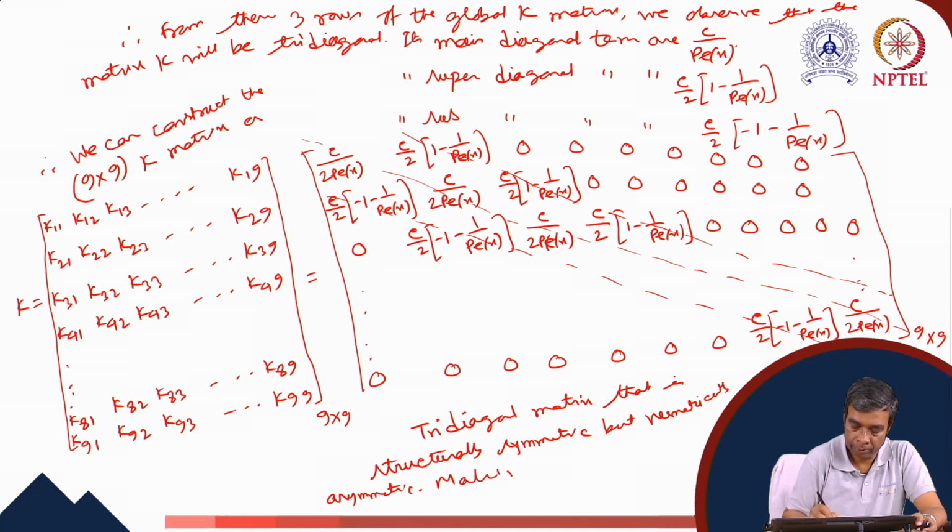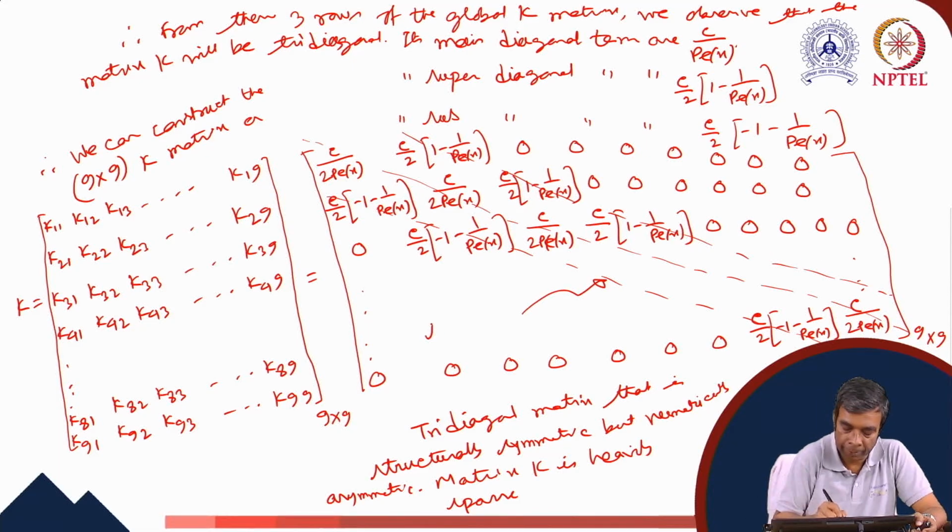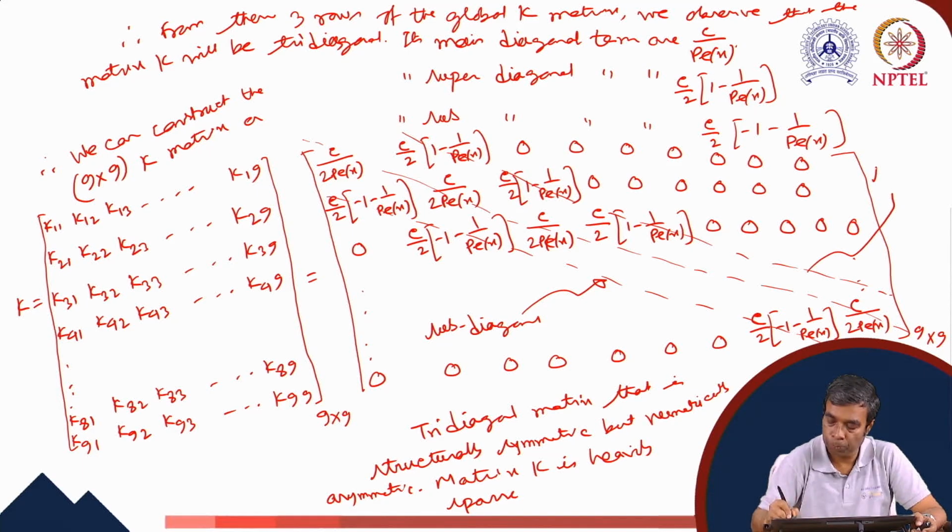Matrix K is heavily sparse. So we have the sub-diagonal, we have the super diagonal, and then here we have the main diagonal.